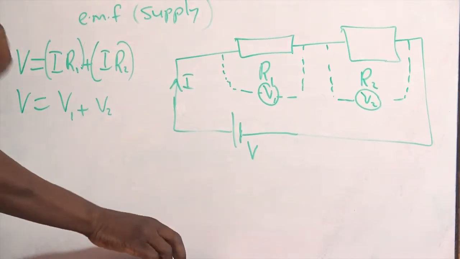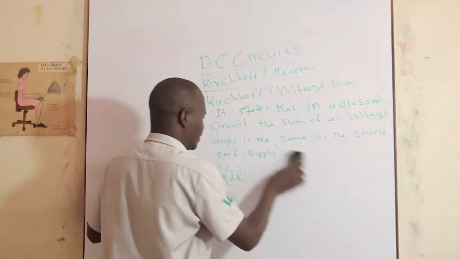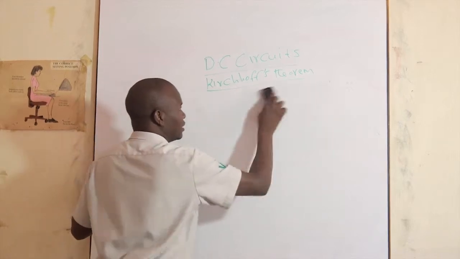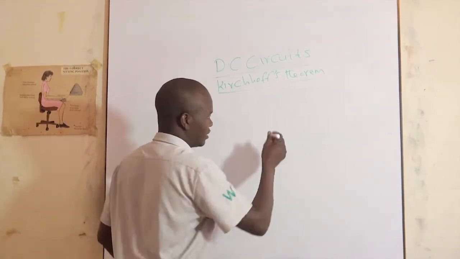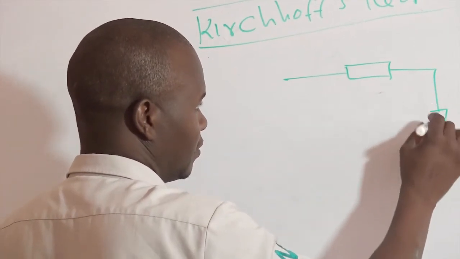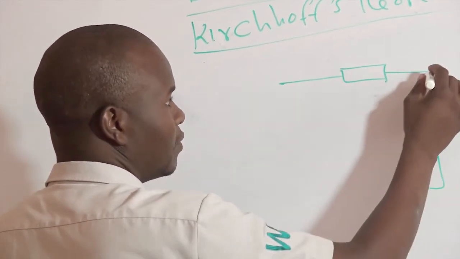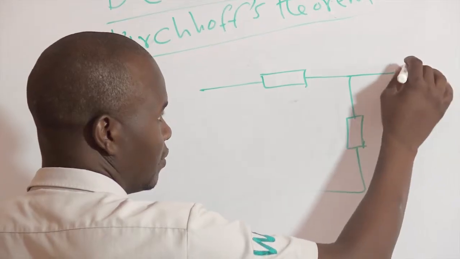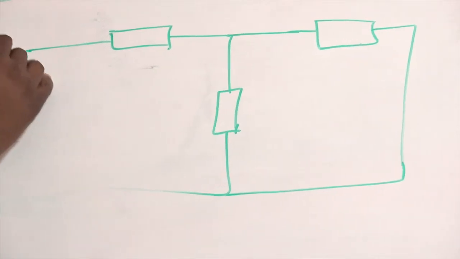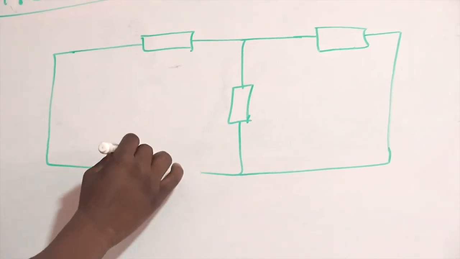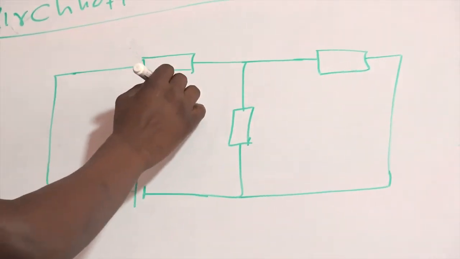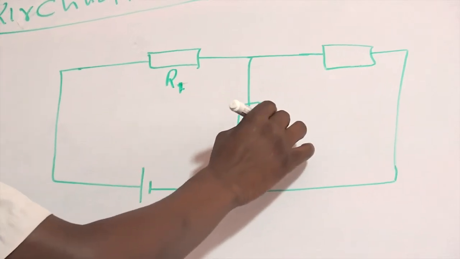But let us now consider a circuit which is somewhat more complex, apart from the ones we have discussed. If you have a circuit like this, this is R1, R2, and this is R3.